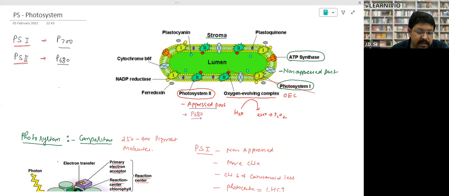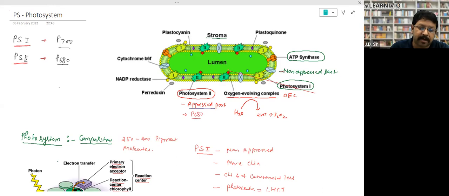In these parts, the oxygen breakage takes place. The oxygen evolving complex, OEC, is found, which helps in the breakdown of water, right? Formation of oxygen takes place. So breakage of water takes place and oxygen is formed over here, right?